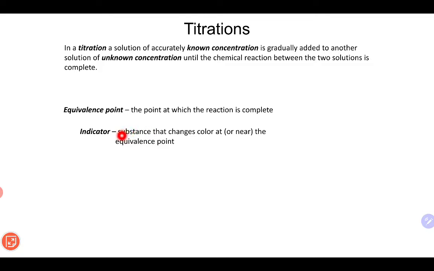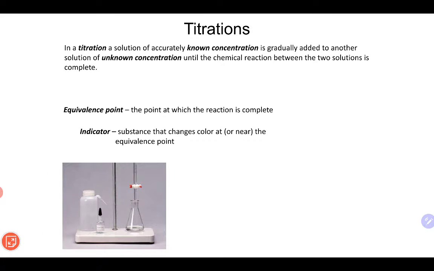So often there's something called an indicator, which is some chemical that's going to change color at or near the equivalence point. Or sometimes we could measure it with an electronic probe, for example. We could measure pH. There are other ways of figuring out what the equivalence point is. But the most common one in introductory chemistry is to use a chemical indicator.